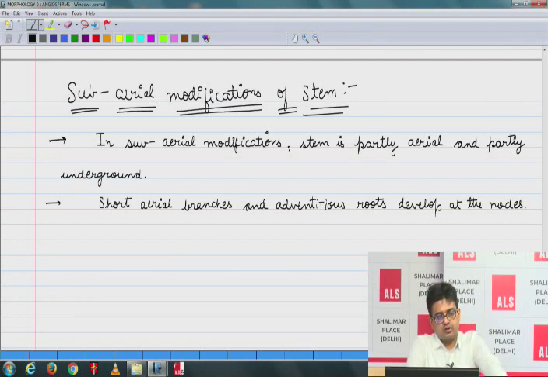Whenever it detaches and establishes somewhere else, it is going to grow into a new plant. So that is the basis of vegetative propagation.